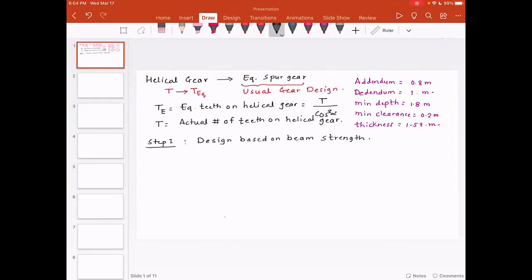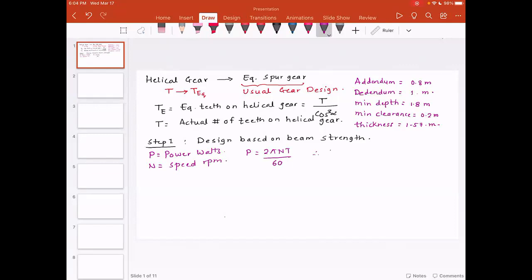And from power and torque requirement, we have to find out the tangential load. So say P is equal to power in watts, N is equal to speed in RPM, P is equal to 2 pi NT divided by 60.